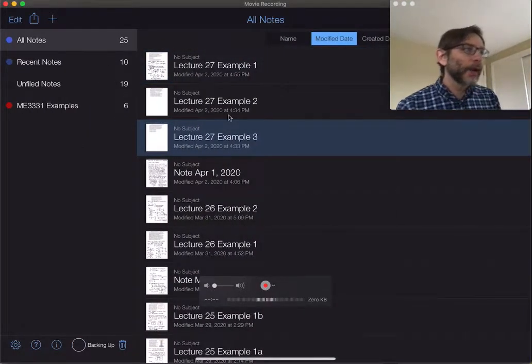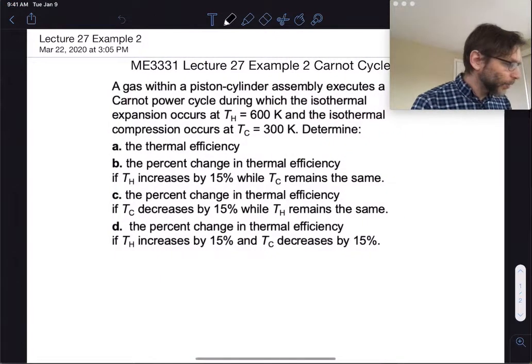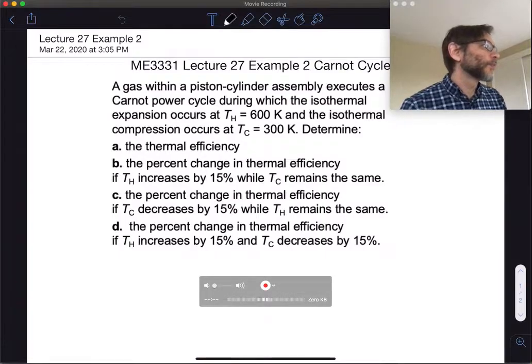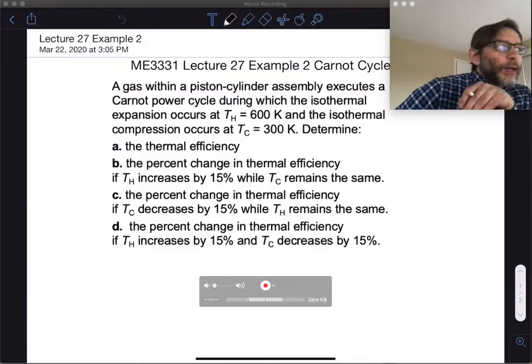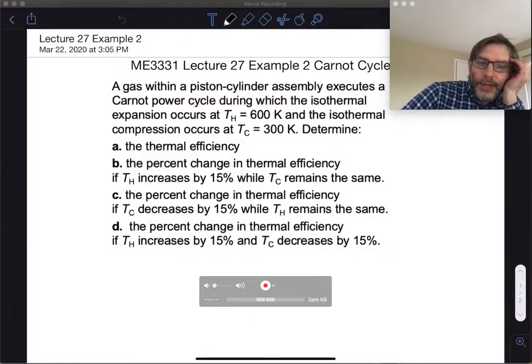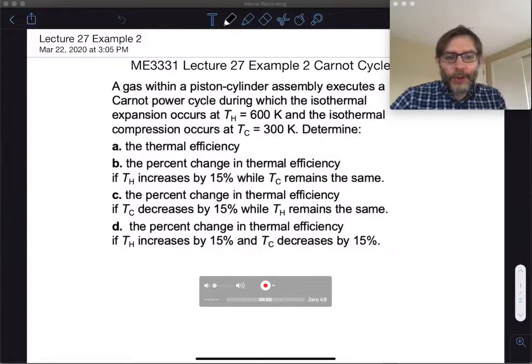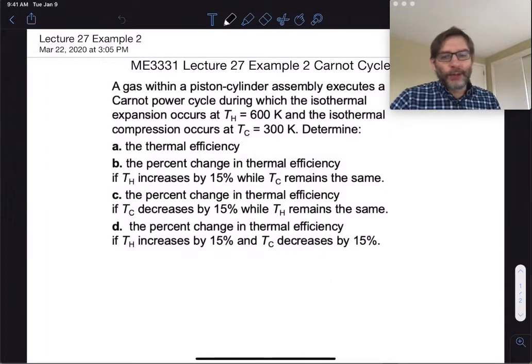The next example that I want to do is about the Carnot cycle. The way you have to think about the Carnot cycle is that it's a physical embodiment of an ideal reversible power cycle.